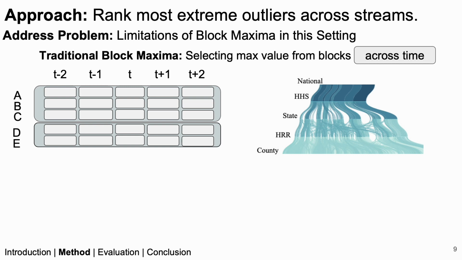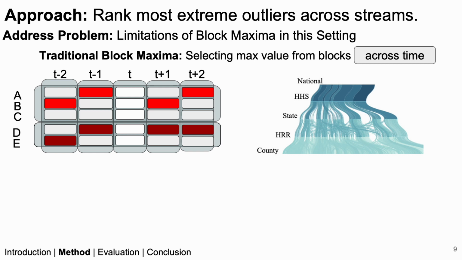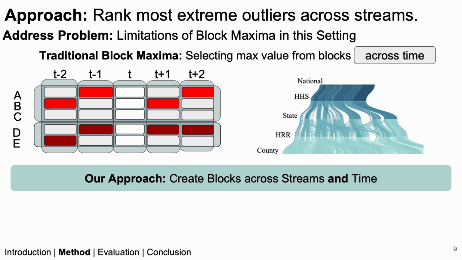And we can use sibling streams, which are streams that have the same parent in this geospatial hierarchy, to create spatial groupings across streams. So in this way, we can create blocks that have both a spatial dimension as well as a temporal dimension, and then select the maximum values from these blocks. So our approach, once again, is to create blocks across streams and time.